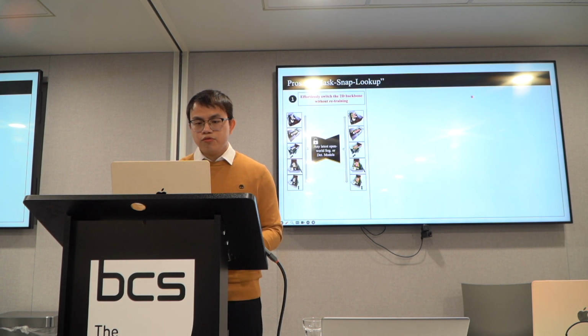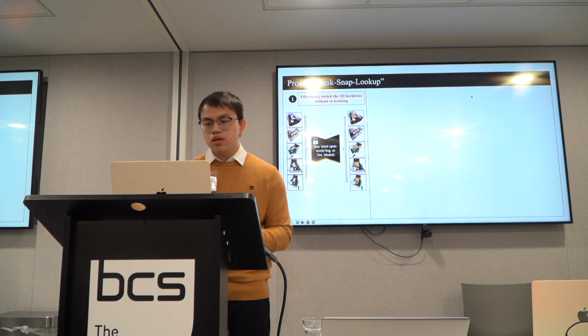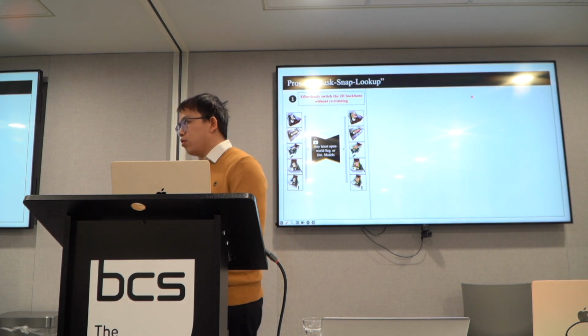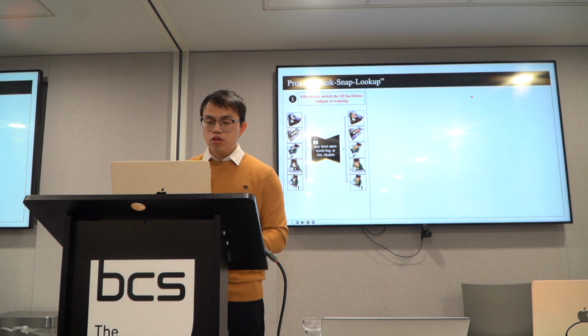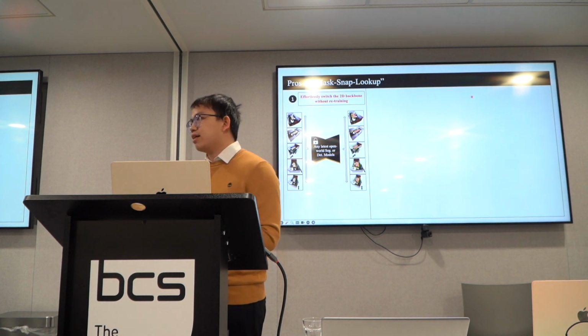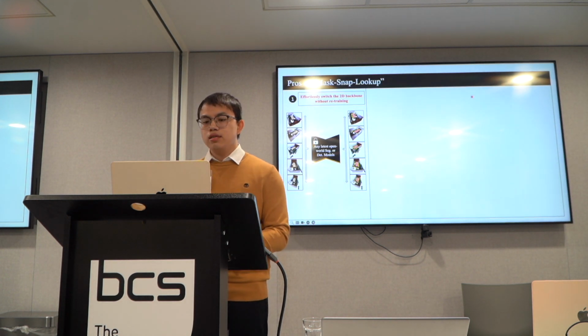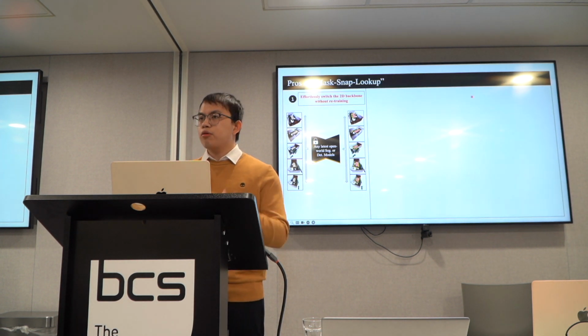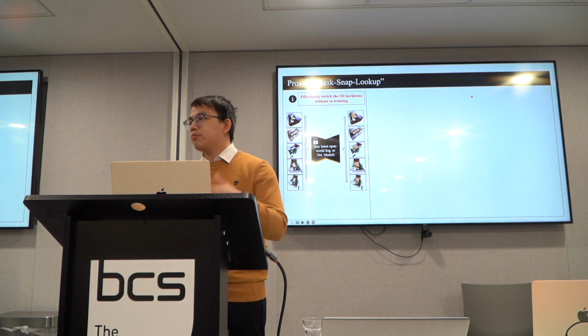Right. Before we look into the results, I just want to give a high-level introduction on the benefits of this mask-snap-lookup design. First of all, because we completely outsource the 2D detection task to the 2D models, we can switch different 2D models without training. So the performance of Open3D should be able to evolve with the development of 2D models.